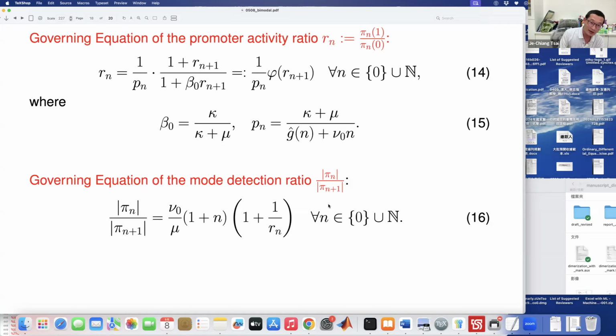The governing equation is also nice: this constant is the protein number, and this is the promoter activity ratio. So the gene activity fully determines the shape of the steady-state distribution.